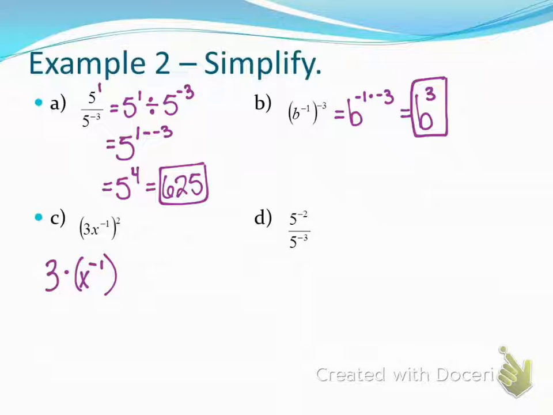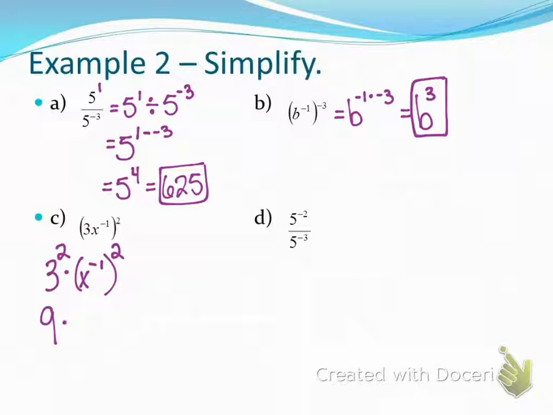Each of them is getting what exponent? The 2 from the outside. Questions about the first step? Okay, next step, we can start simplifying this a little bit. 3 squared is what? 9.